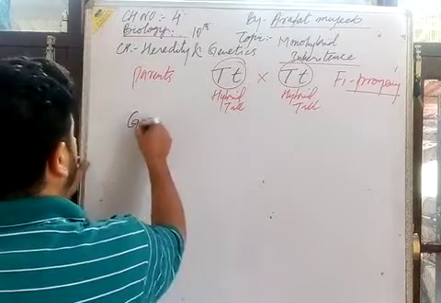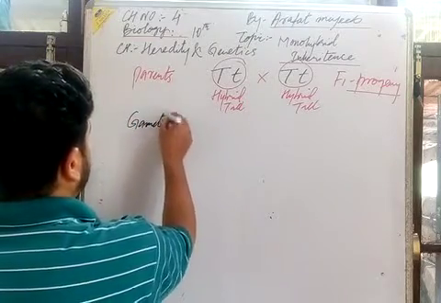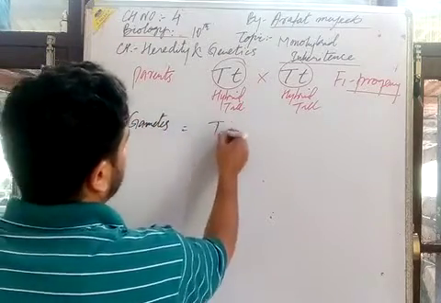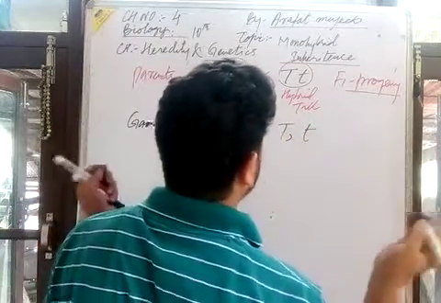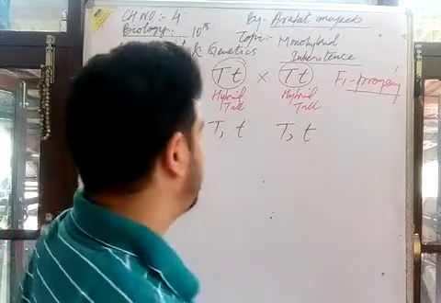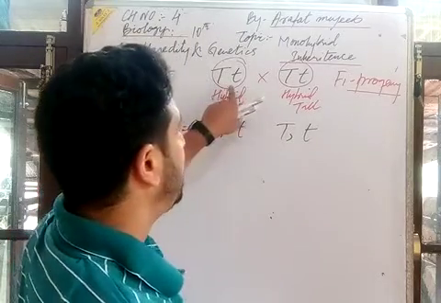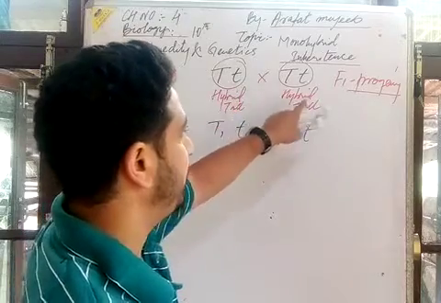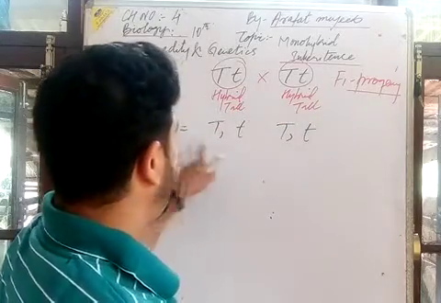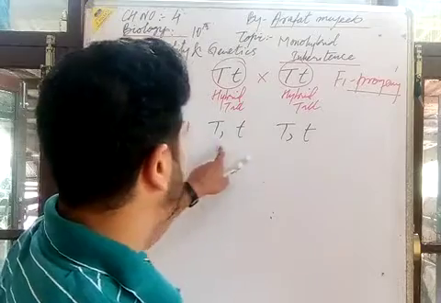Here is the gamete formation: capital T, small t, and capital T, small t. According to the law of segregation of gametes, again the law of paired factors applies. Each pair of factors maintains this character, and there is the law of segregation and formation of gametes.